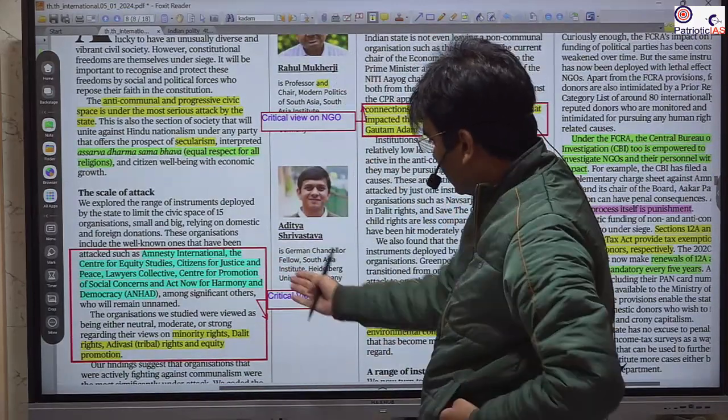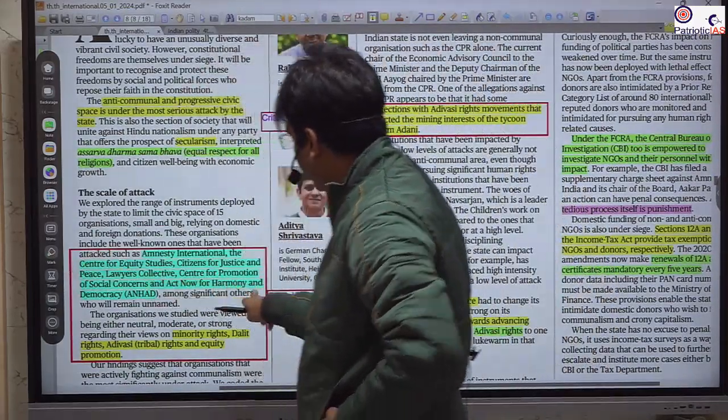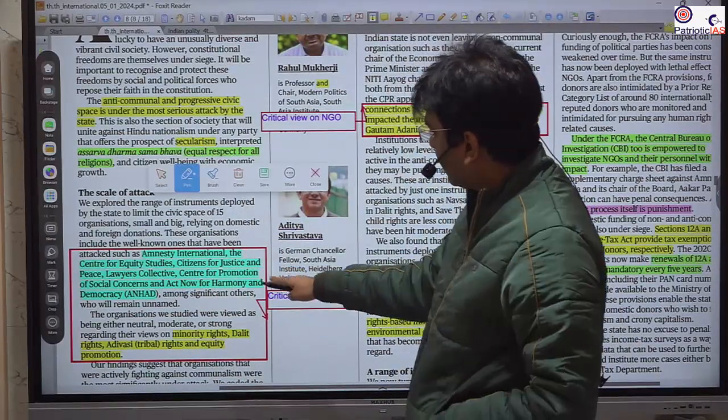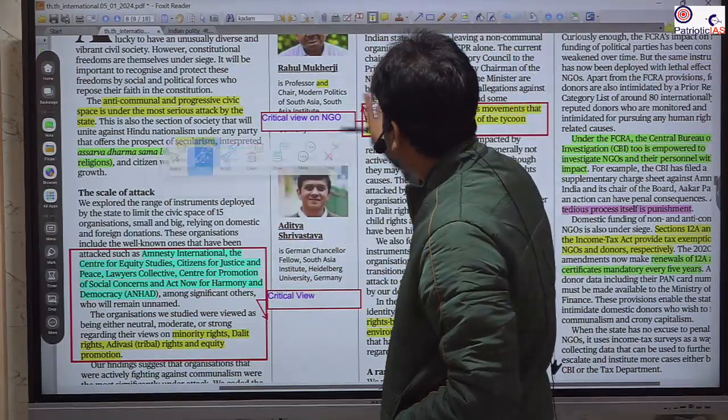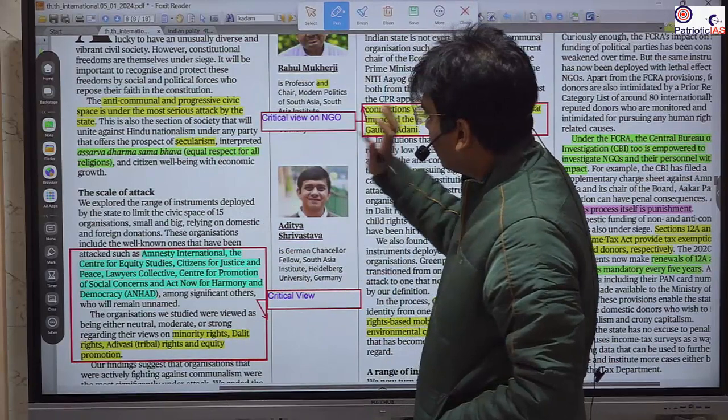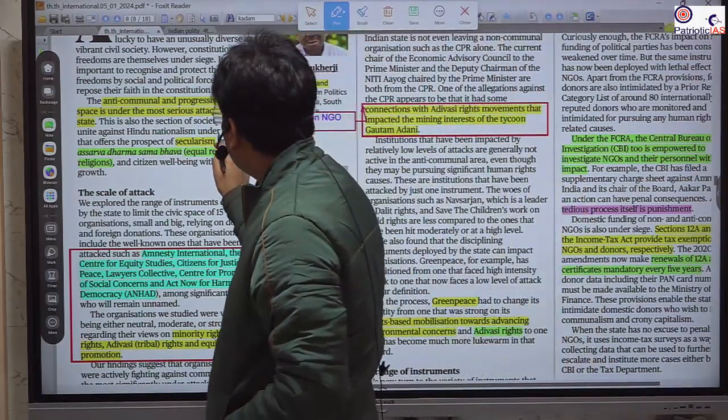You can mention this particular organization that was under attack from the government, and here the secularism has been mentioned.